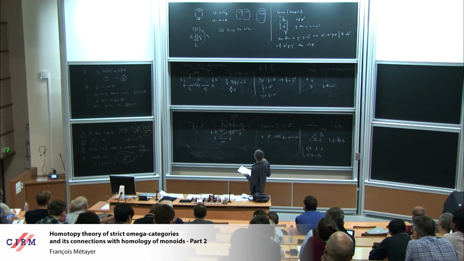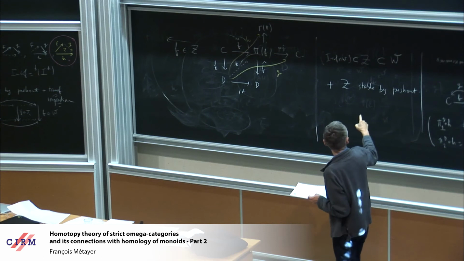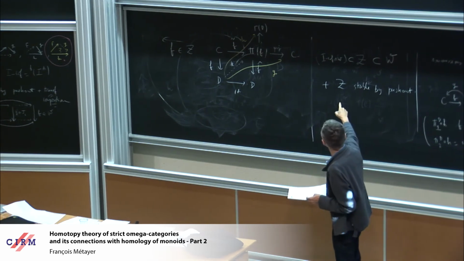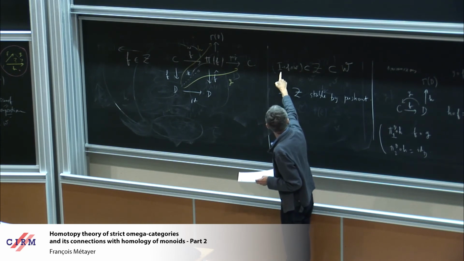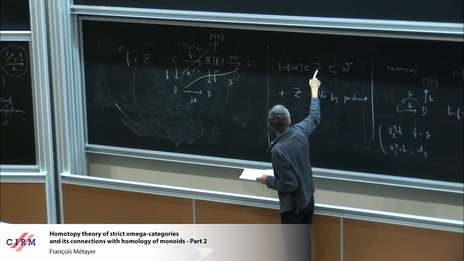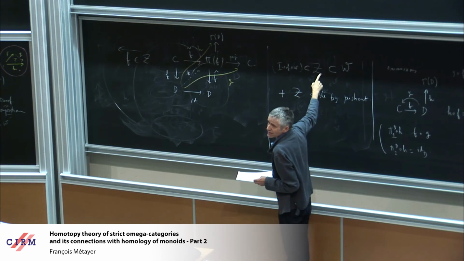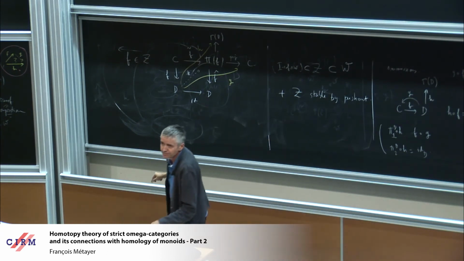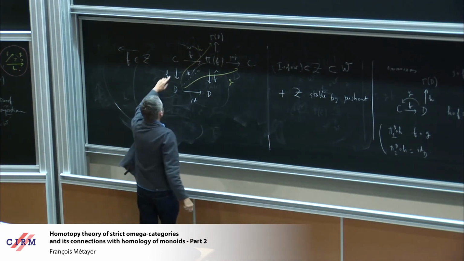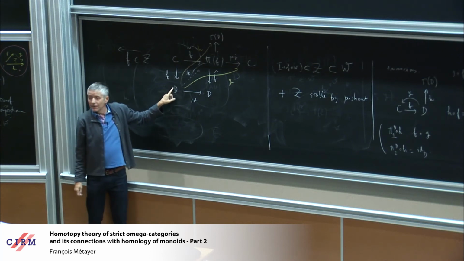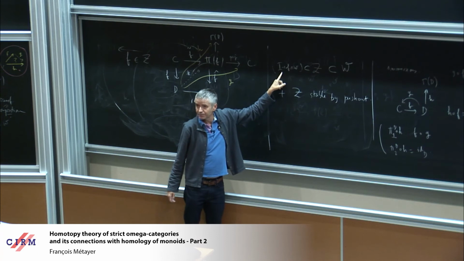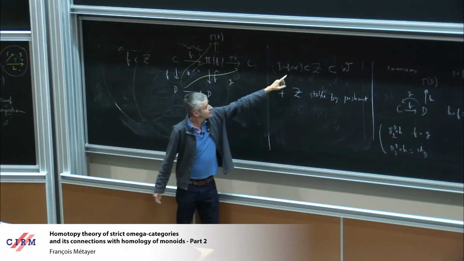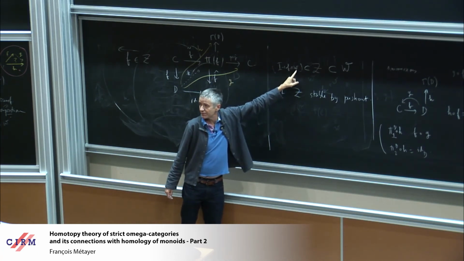So what is this good for? Push out. Yes, you want to check that iCof is in Z, but now if F is a trivial cofibration, then in particular it's a weak equivalence.